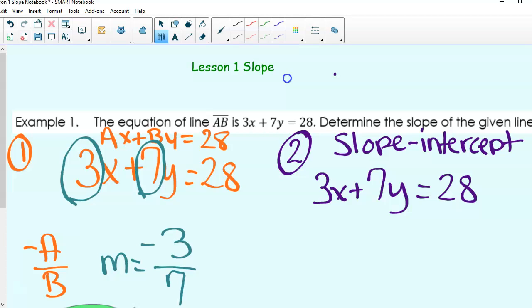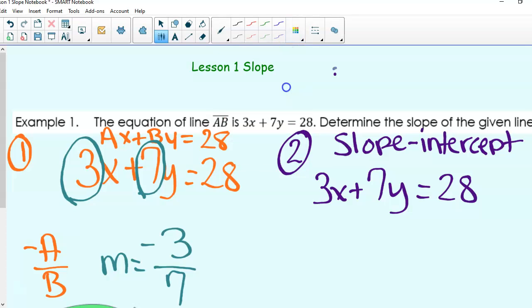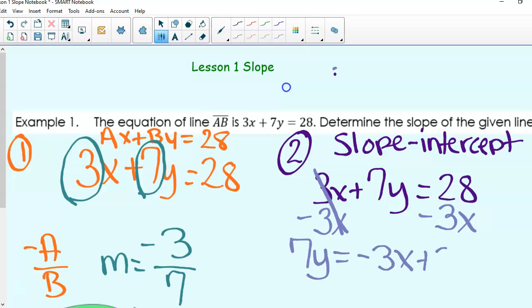Okay, so let's go ahead. In order to do that, I need to move my x values to the other side. Right now I have a positive 3x. I need to move it to the other side. To move it, I have to subtract it. So I'm left with 7y is equal to negative 3x plus 28.